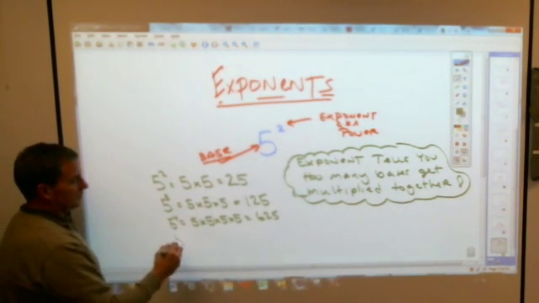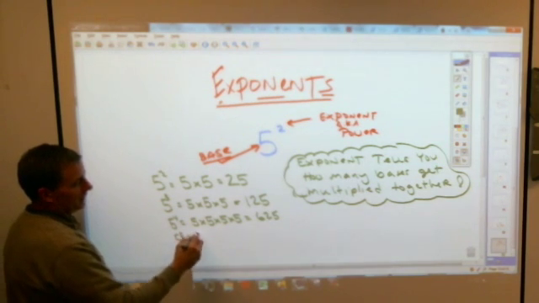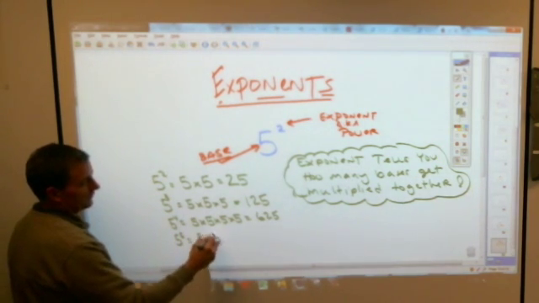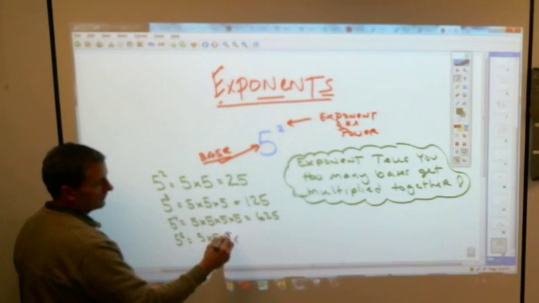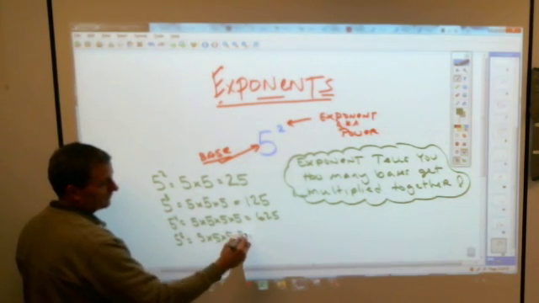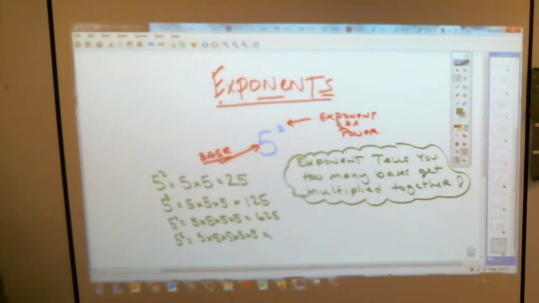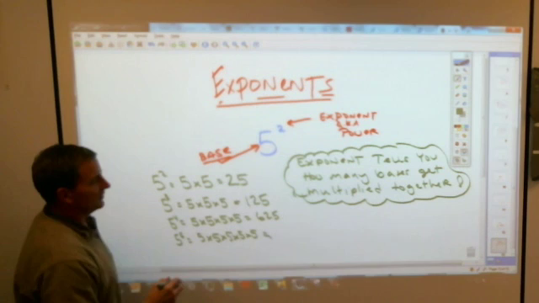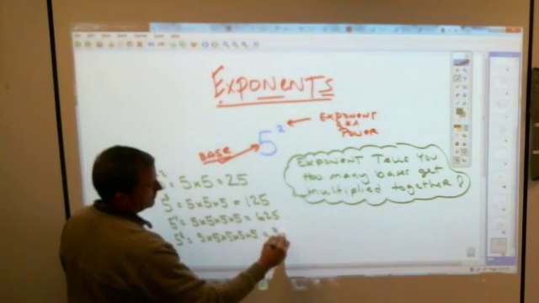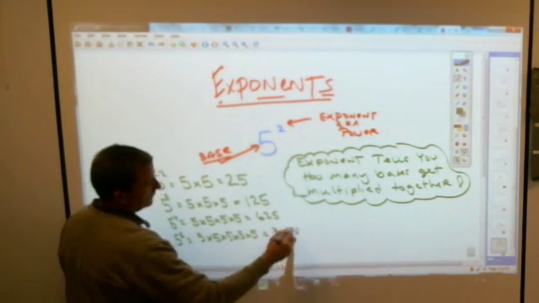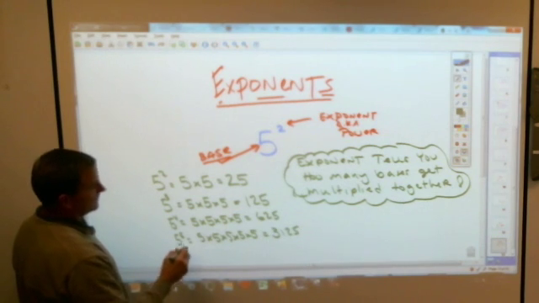And then let's go one more just for fun. 5 to the 5th power is 5 times 5 times 5 times 5 times 5. Aiden did a paper, but I'll give you that. What'd you got? 3,125. Oh, why not? Let's go 5 to the 6th power.